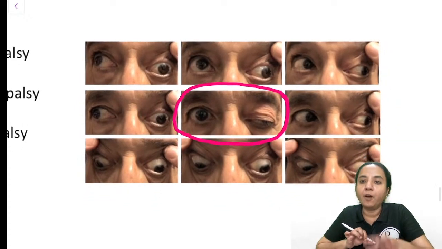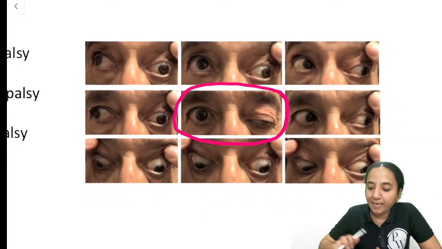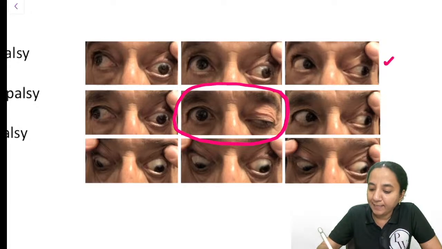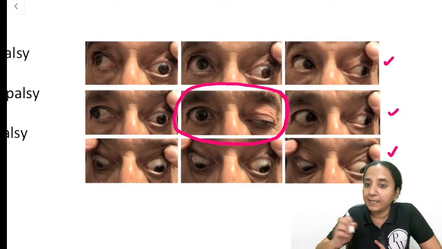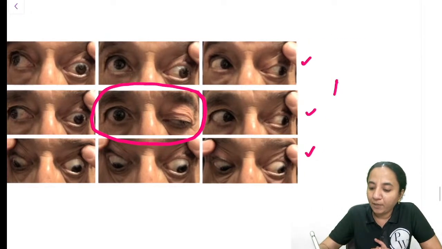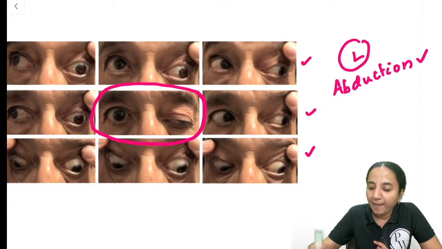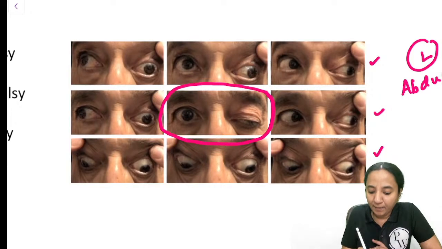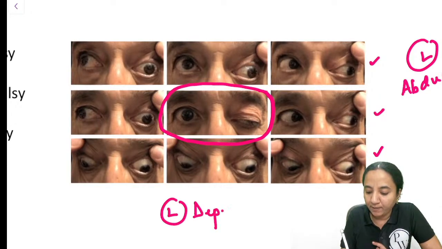Now, just to confirm, look at the movements. You can see that in this left eye the abduction is present. It is abducting. And if you look at the pictures below, you will see that in the left eye depression is present.